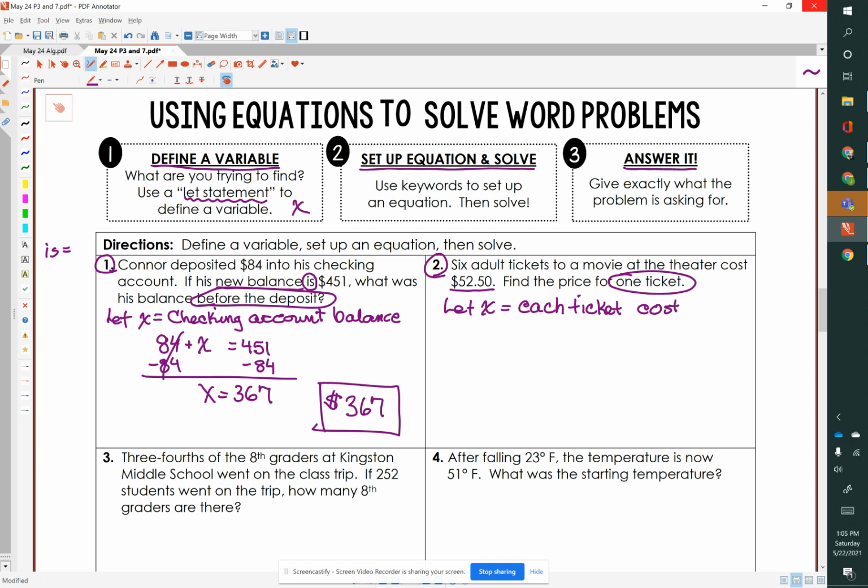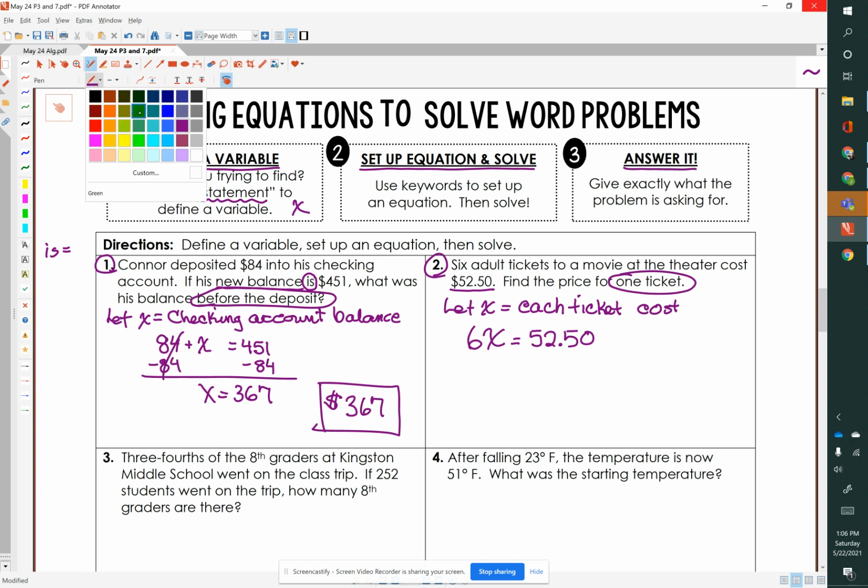Now we know that a variable and a number next to each other mean multiplication. So we know that 6 times something is going to equal that total of $52.50. We don't need to write the dollar sign in our math, but we have to include the decimal.